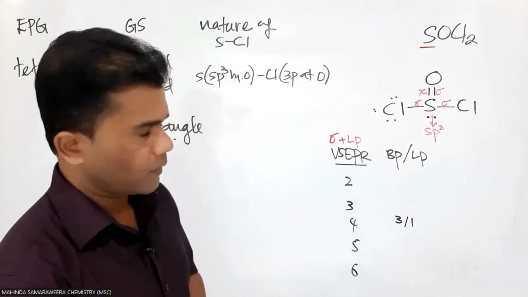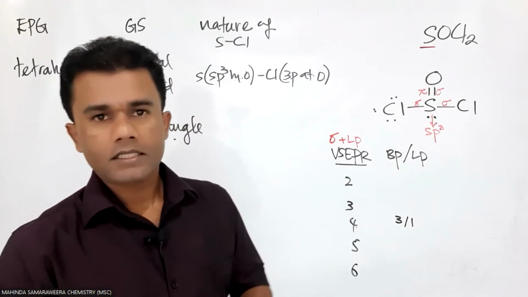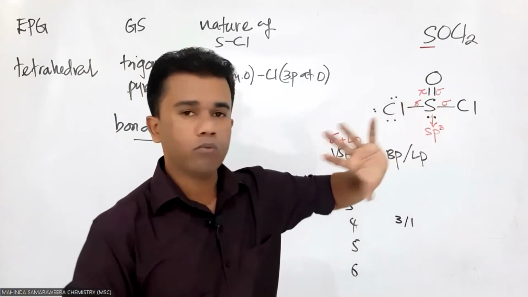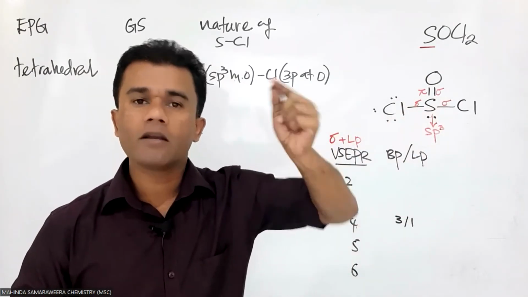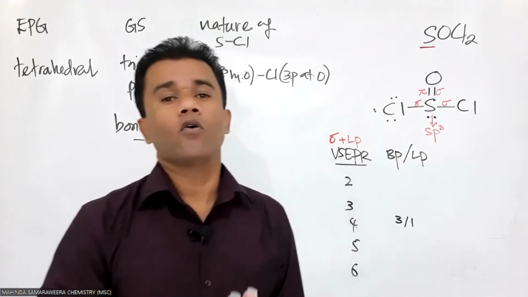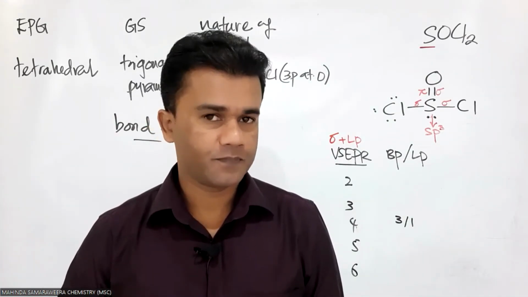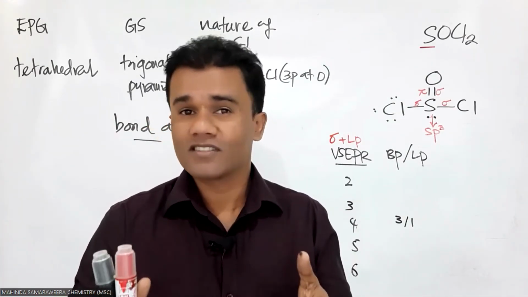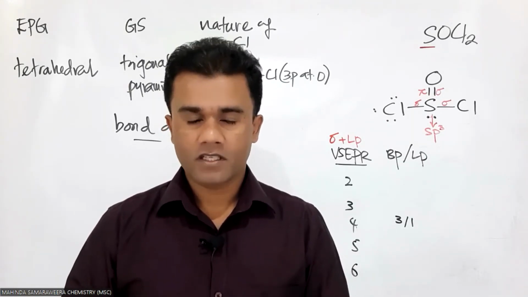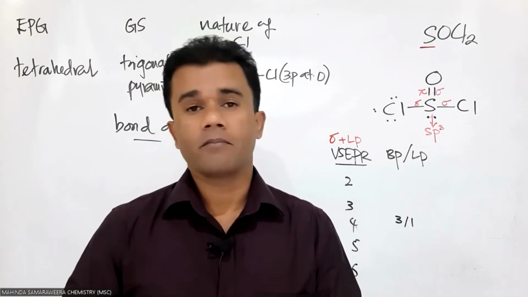But the thing is, when you get a lone pair, a non-bonding electron pair, the bond angle changes. Because if we assume all of these are bonds, then we get only bonding pair repulsion. But if you get a lone pair, there will be lone pair bonding pair repulsion also. You know the strengths of these repulsive forces are different. Which one is the stronger repulsion? Lone pair bonding pair repulsion is stronger than bonding pair repulsion.